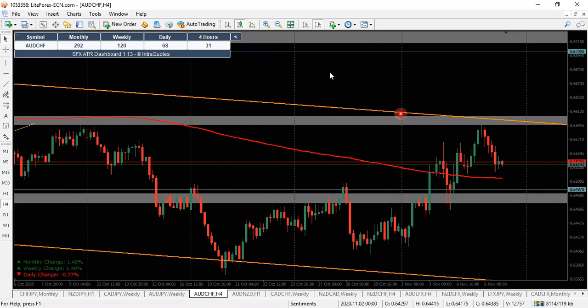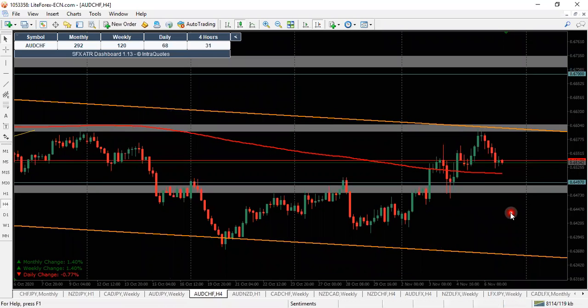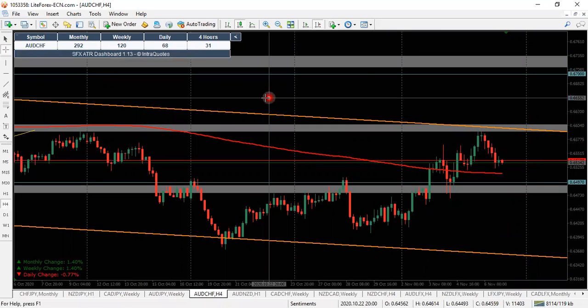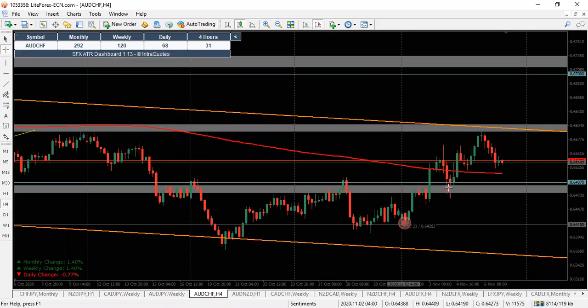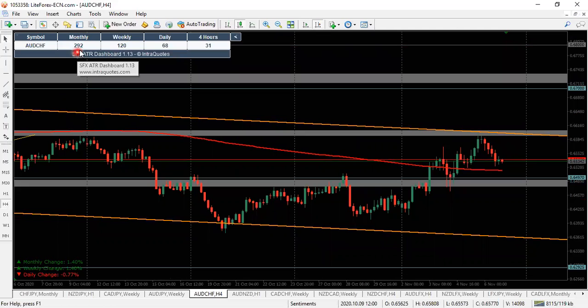If I am to go on a short trade from this point to the downside, what I would target first is the weekly ATR of 127. So far I have moved from this opening price up to 174. If I take a short trade from this high, I'm going to target the 120 in terms of the weekly time frame.